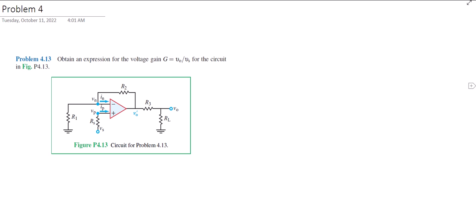Okay, so for this one, we are supposed to obtain an expression for the voltage gain, which is defined as the output voltage over the source voltage for this particular circuit. No numbers are given here.